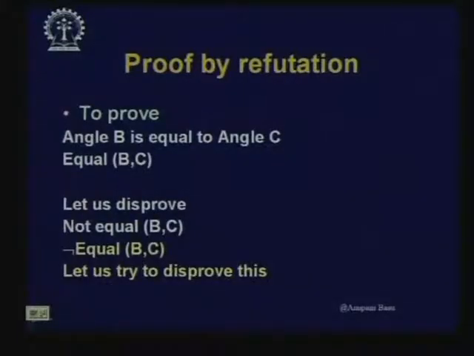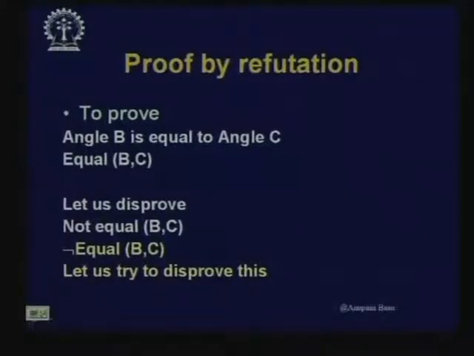This is a very well known proof method, where in order to prove that B and C are equal, we first try to prove B and C are not equal and fail to prove it.